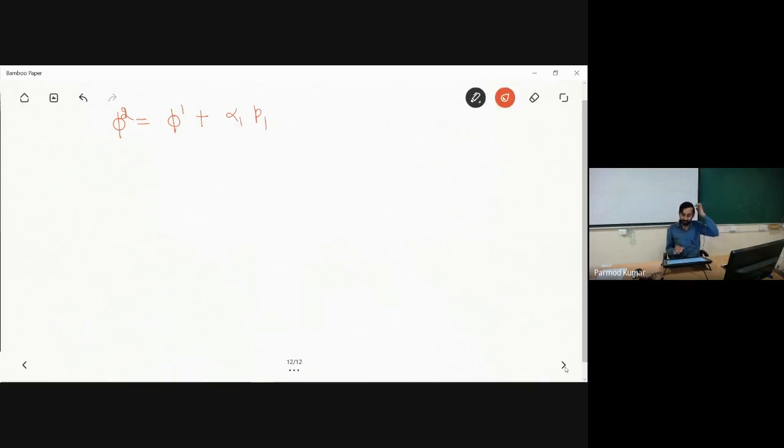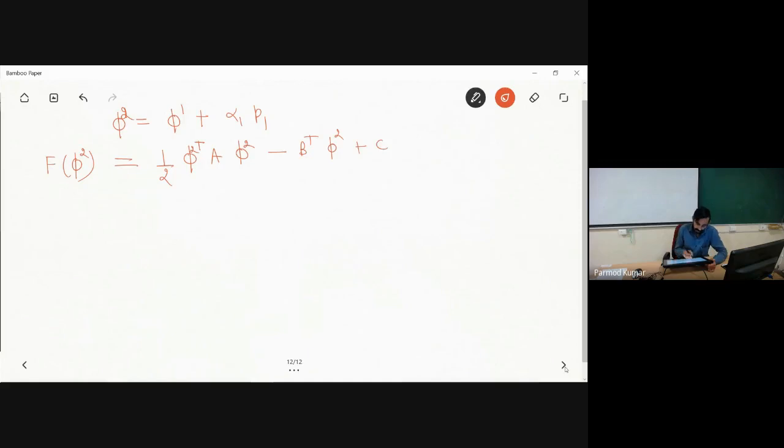But the question comes that alpha 1 is still unknown. So how can I find out alpha 1? I can find the value of f of phi 2. F of phi 2 will be nothing but half of phi transpose A phi minus B T phi plus C, evaluated at phi 2.